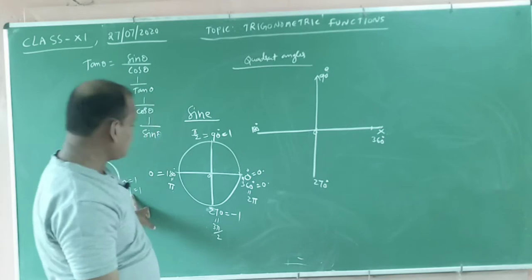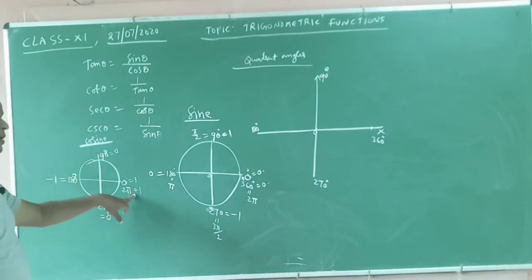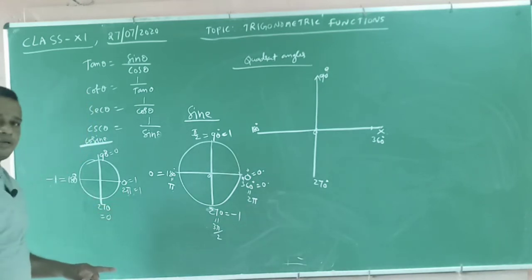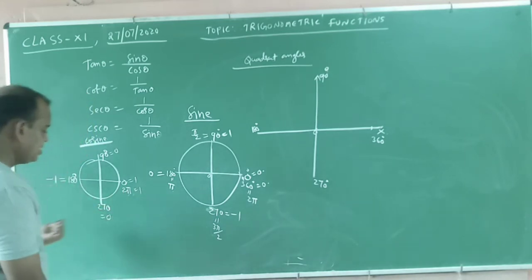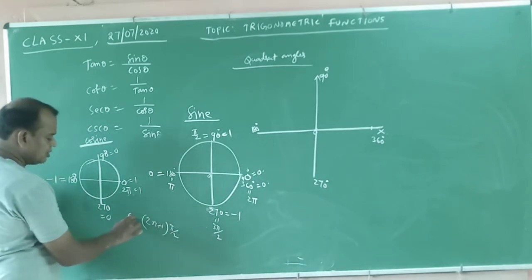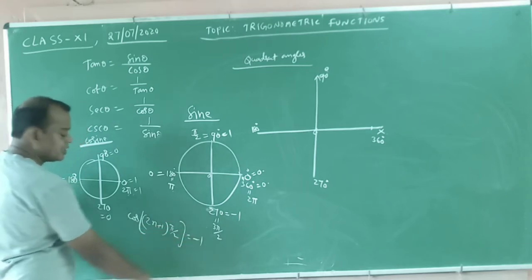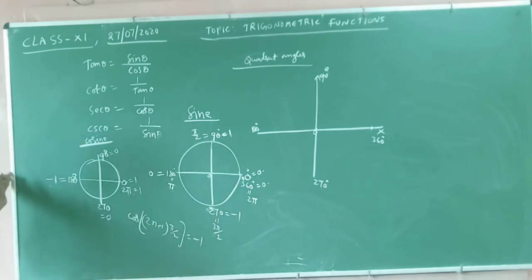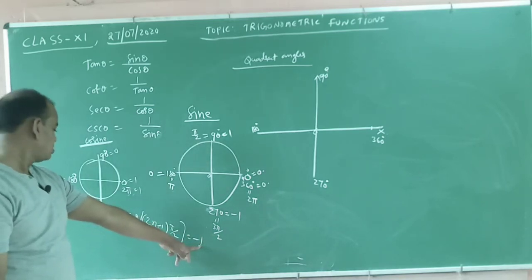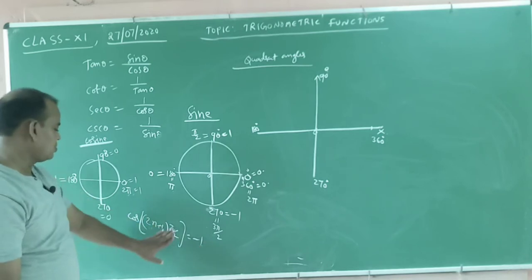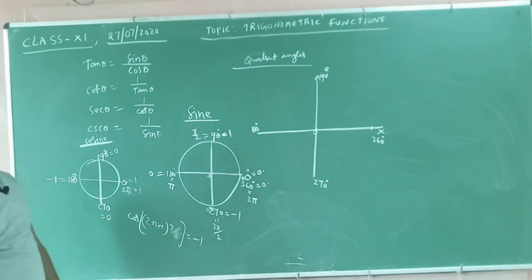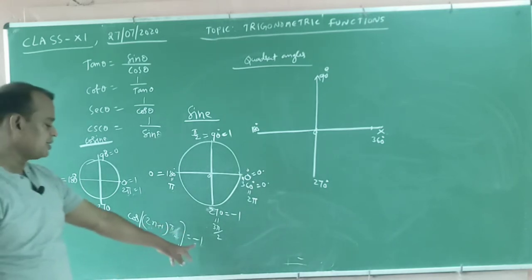You remember that one. Observe that cos pi is minus 1, cos 2 pi is 1, where 2 pi is an even multiple. For odd multiples of pi, the cos of (2n plus 1) into pi is equal to minus 1.